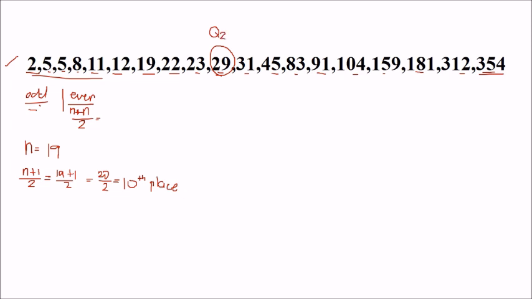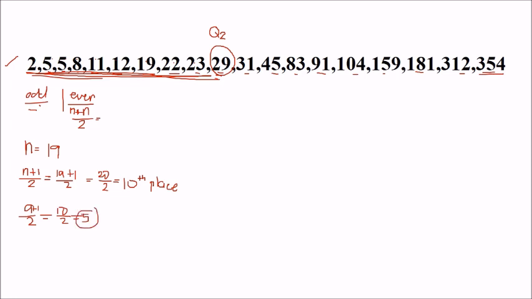Okay. Next is, atong pangitaon na sad ang first quartile ani na sa ubos sa 29. So, atong ipon kung pila ni sila kabuok. So, 1, 2, 3, 4, 5, 6, 7, 8, 9. So, 9 siya. So, that would be 9 plus 1 divided by 2. So, 10 over 2 would be 5.